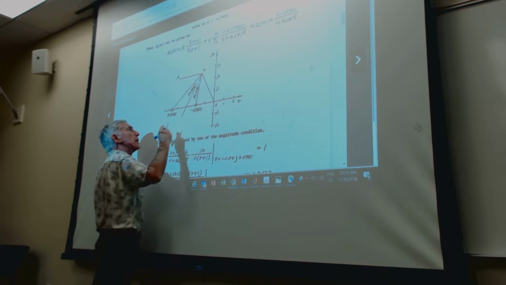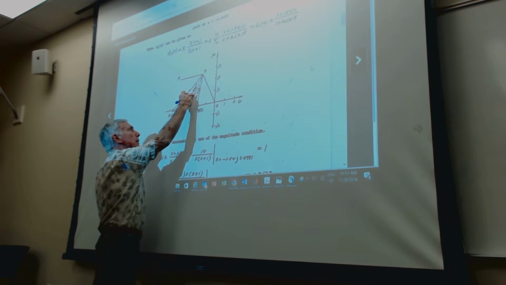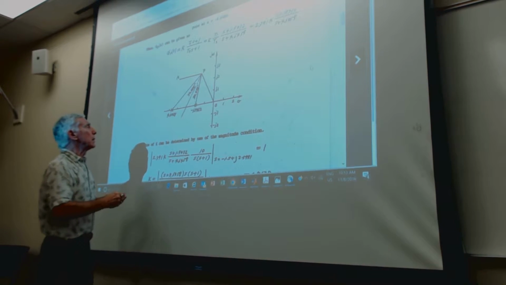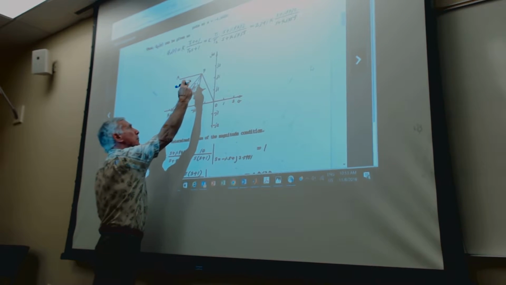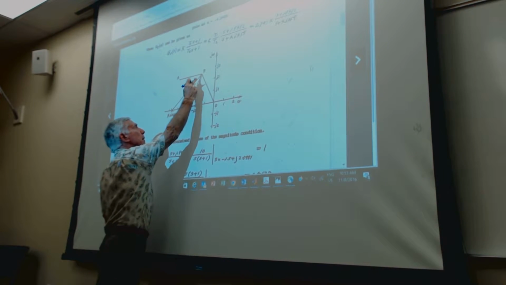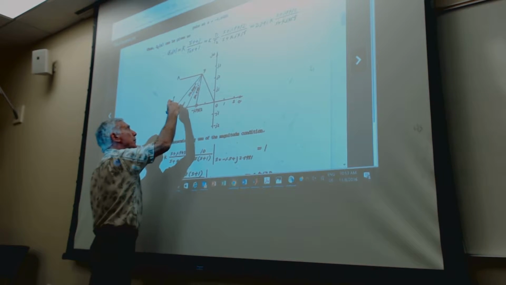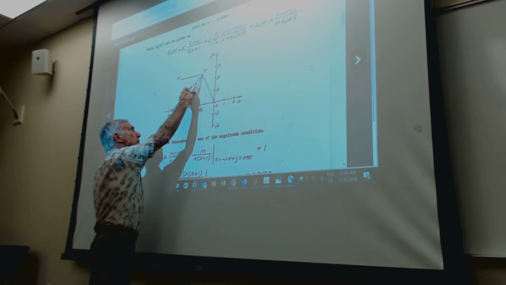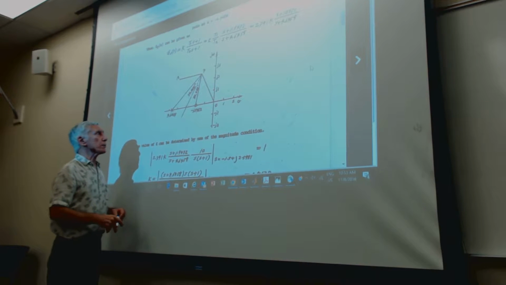If we know this length here and this angle in here, which we do, and we know this angle here, then we can find that length there by applying the law of sines.